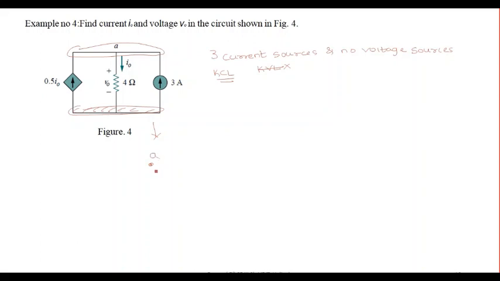I can consider this as node A, and we have this 4 ohms, and I0 direction is mentioned like this, right? And I have another current 3 amps entering like this. I have another current entering this node. That current is 0.5 times I0, and this is again a current controlled current source.